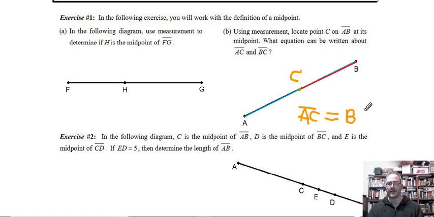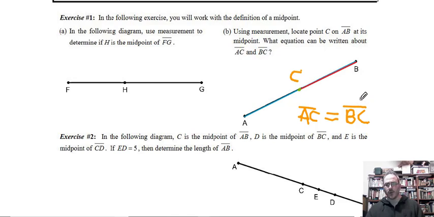If C is the midpoint between A and B, that makes BC equal to AC. If this is the midpoint, it cuts this into two equal parts. So AC is going to be the same length as CB because this cuts it directly in half. AC is going to be equal to BC.